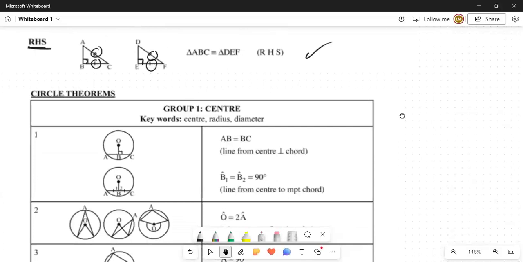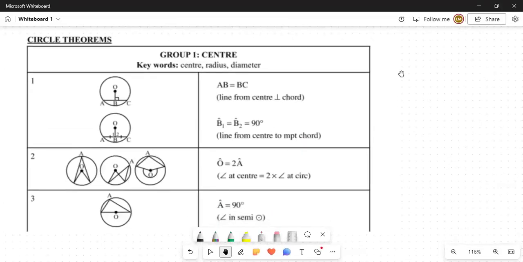Okay, so this is your circle geometry that you have learned in grade 11, and it is grouped according to what it's dictated by. So for us, this is the center group. Whenever you are given a question and they use the word center, these are the theorems that you would possibly use.